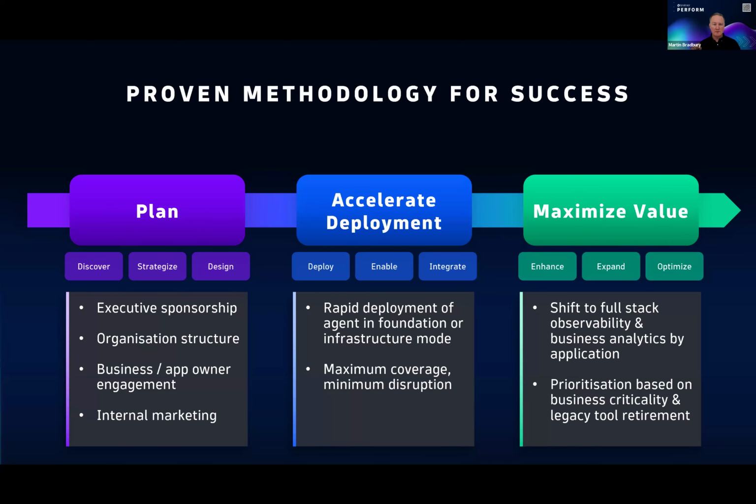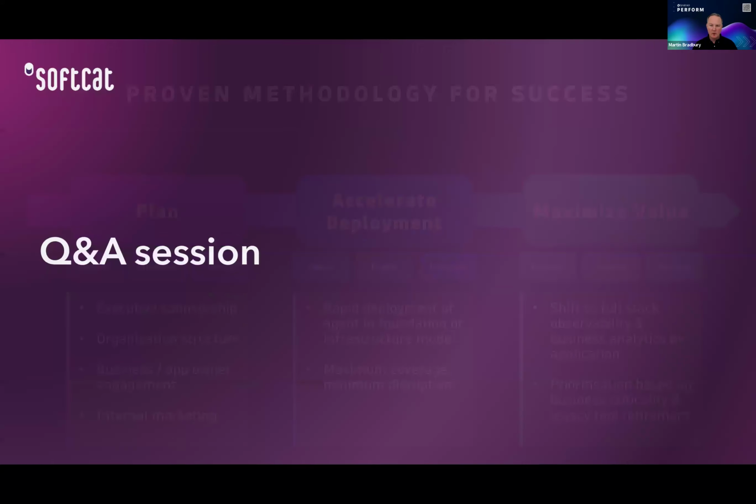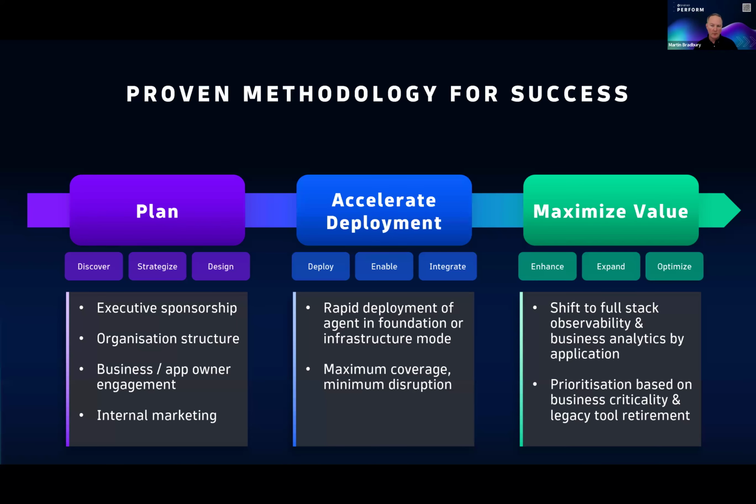Making sure that the Jira integrations or whatever it is that we have to be part of, the GitHub integrations, are all there to make sure that we can do what it is that you need us to do. The next thing to think about is deployment and coverage. Ideally, you want the broadest deployment of observability you possibly can to get the coverage. If you can't see it, you can't observe it.